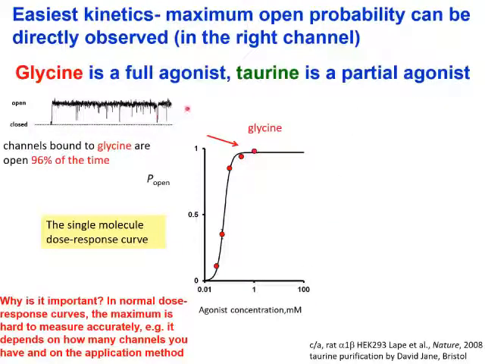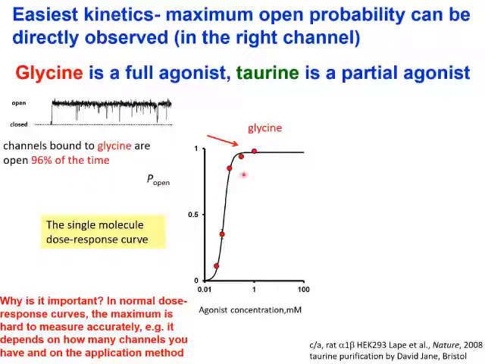This is my last data slide, and it shows you the dose-response curve that we obtain from a single ion channel molecule. With glycine, this is heteromeric alpha-1 beta channel. It's a very well-behaved channel, and you can see the open probability, and this is an absolute measurement that goes up and reaches almost 100%, as we've seen before.